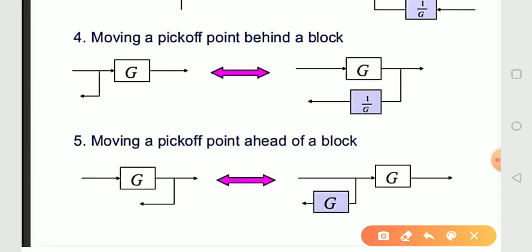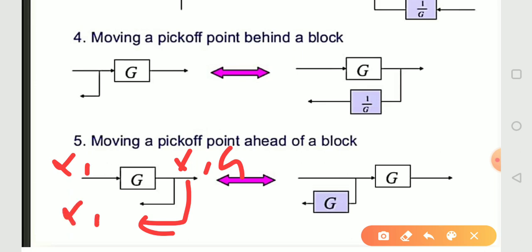If we want to move this takeoff point ahead of the block, for example, if there is an x1 signal and after that we get x1 into G, so here the output going to the input is also x1 into G. If we take this takeoff point ahead of the block, then to get the signal x1 into G, we need to apply the x1 signal.